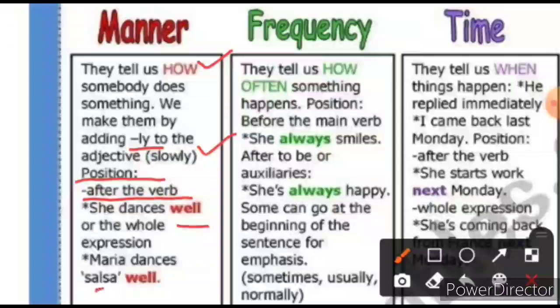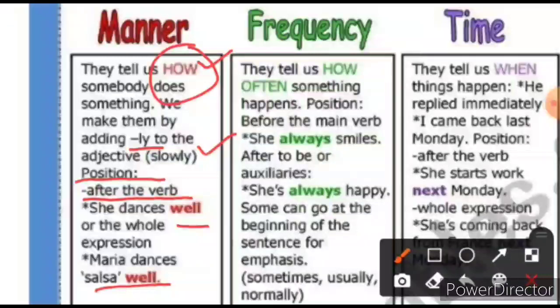So these are your adverbs of manner. Again, she walks slowly. Here we have put ly with slow, and automatically it has become an adverb. How does she walk? She walks slowly. Basically, they are answering the question how.